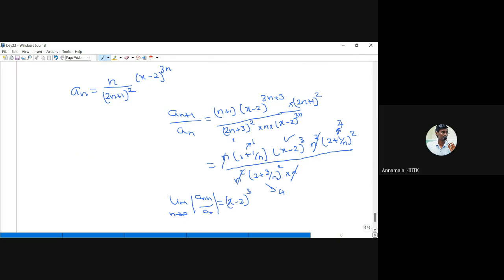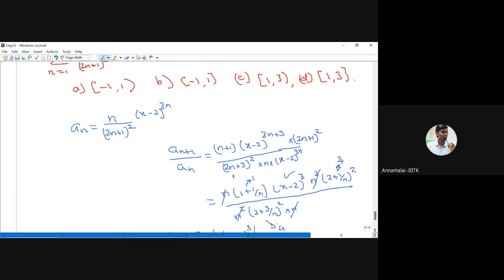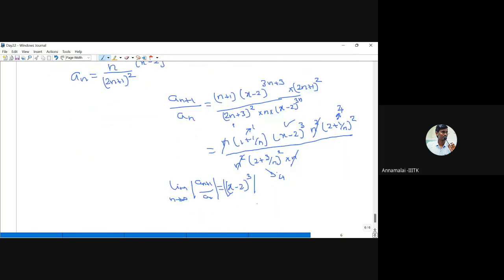Modulus of (x-2) whole cube. And we know that the series converges if this is less than 1. If this is less than 1 it converges, greater than 1 it diverges.